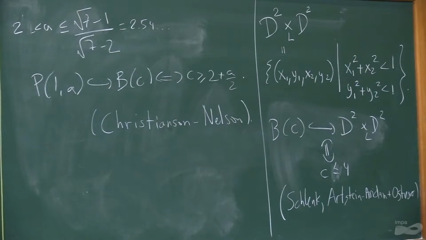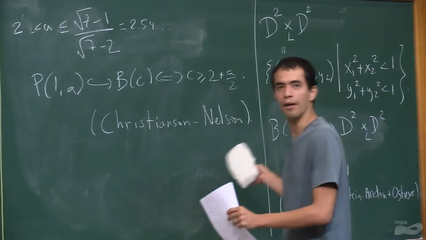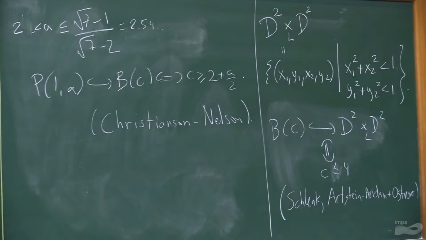Okay, so Schlenk found a clever embedding, and then Artstein-Avidan and Ostrover computed the Ekeland-Hofer capacities, or the Hofer-Zehnder capacities, of this domain, and showed that that was sharp. Okay, but I don't think this was written down before.